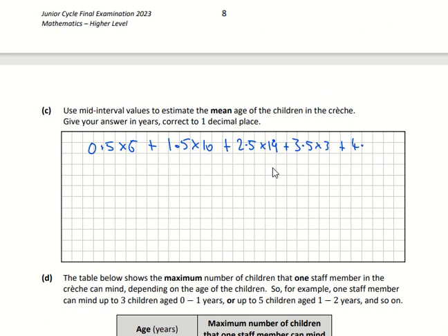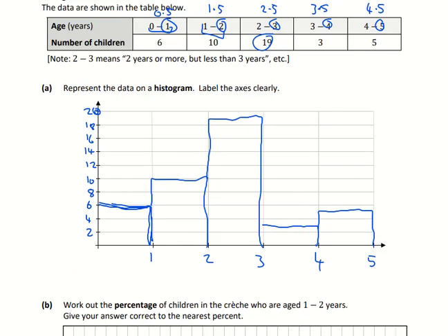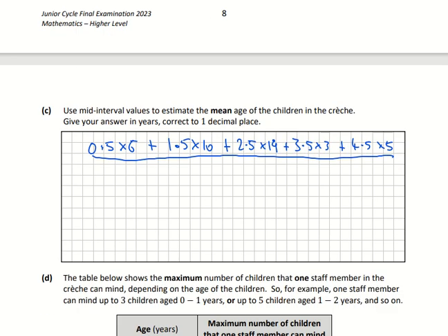Plus 4.5 multiplied by 5. So that's the mid-interval value multiplied by the frequency in each case, and then we're just going to put it all over the sum of the frequencies, so that'll be the bottom number, so 6, 10, 19, 3 and 5. So we're just going to add all of them together on the bottom.